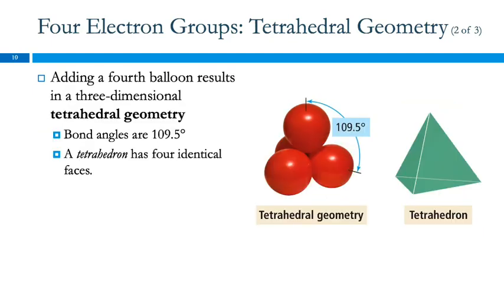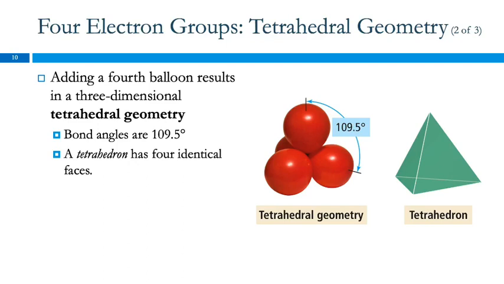Adding the fourth balloon makes this a three-dimensional object, causes those other three balloons to be squished a little closer together. And now what we have is four things spread evenly in three-dimensional space. I'm sure at some point in my schooling I learned how to do this. I don't remember. But I do know that the angle is 109.5. So this is called a tetrahedron.